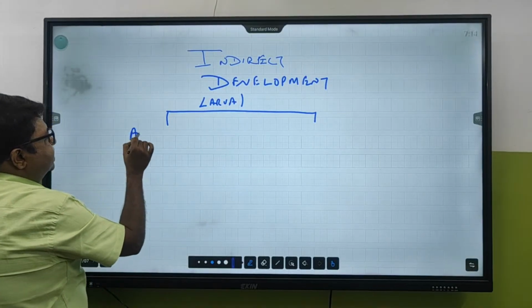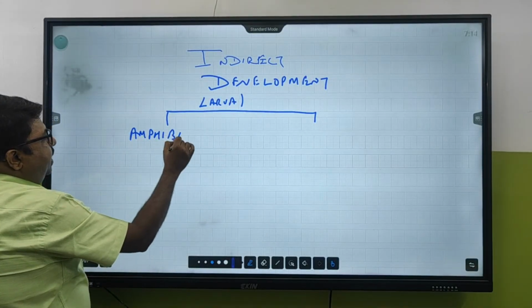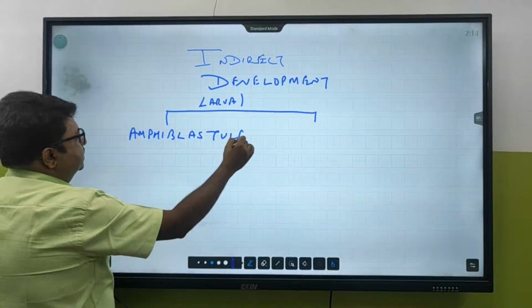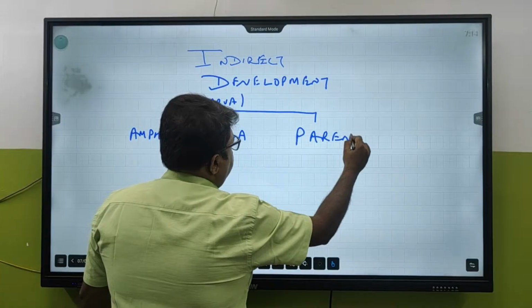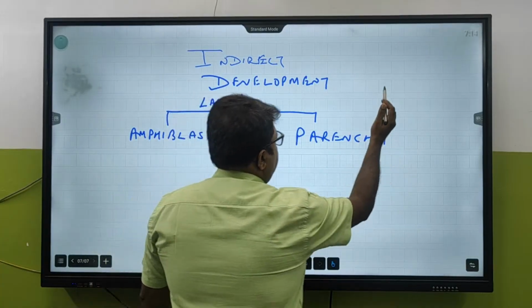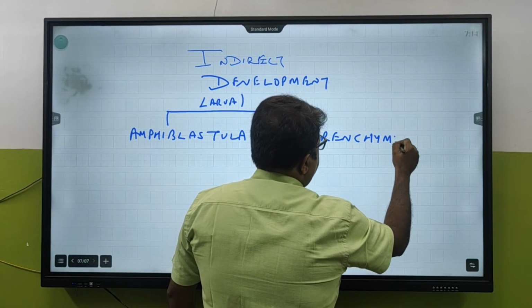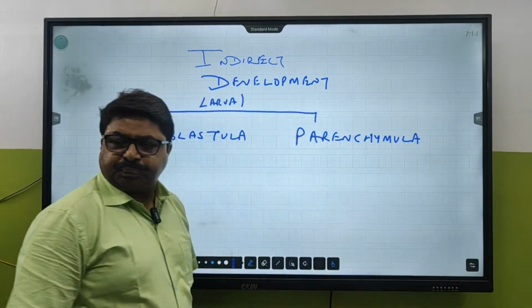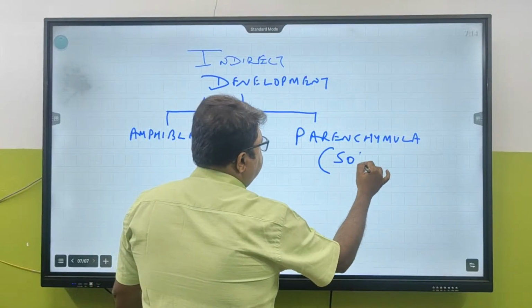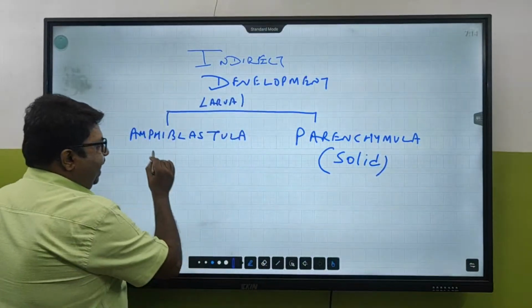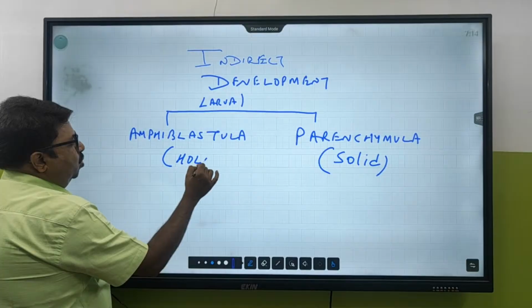One is the amphiblastula larva, and the other is called parenchymula. This is another larva. Parenchymula is a solid larva, and amphiblastula is a hollow larva.